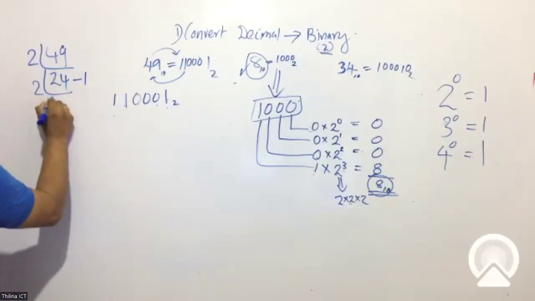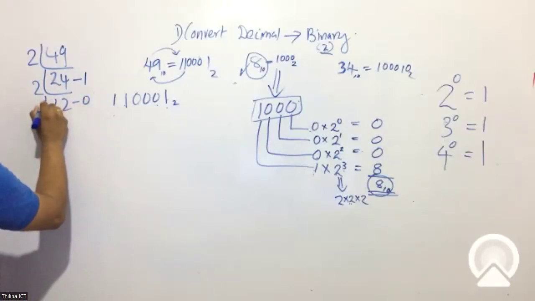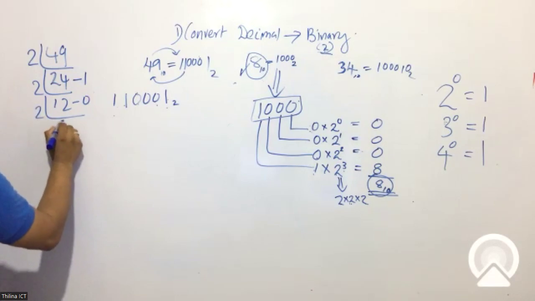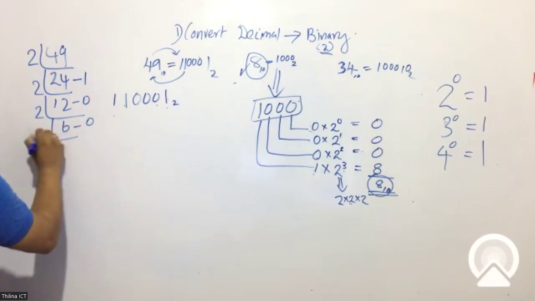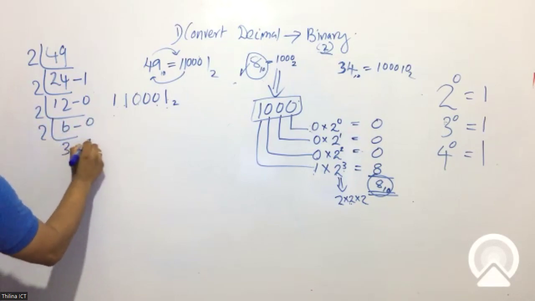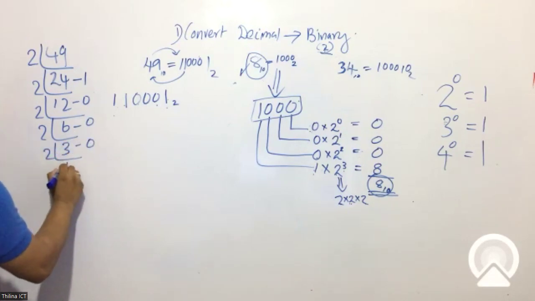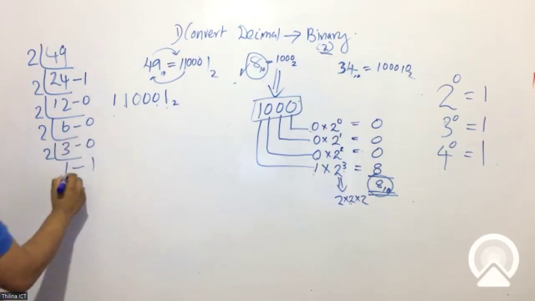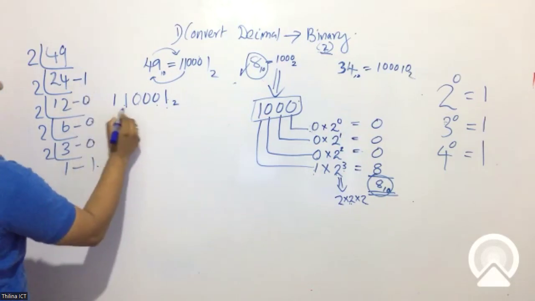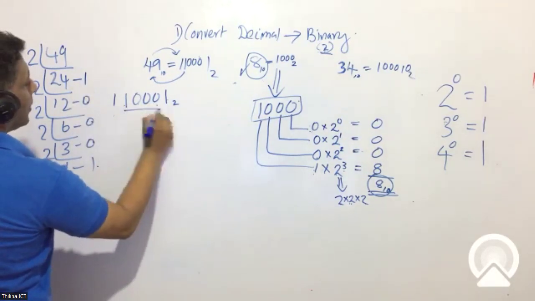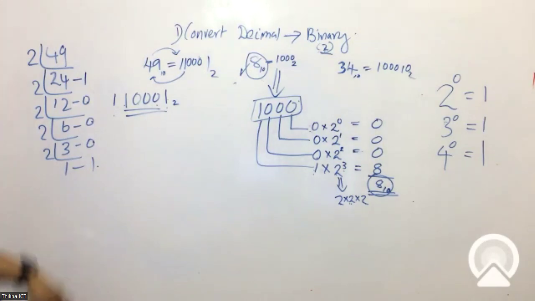Remainder 1. 2, 12, remainder 0. Divide by 12, 6, remainder 0. 2, 3, remainder 0. 2, 1, remainder 1. So this is correct, right? 1, 1, 0, 0, 0, 1. This is correct. So now convert back to decimal form, right?